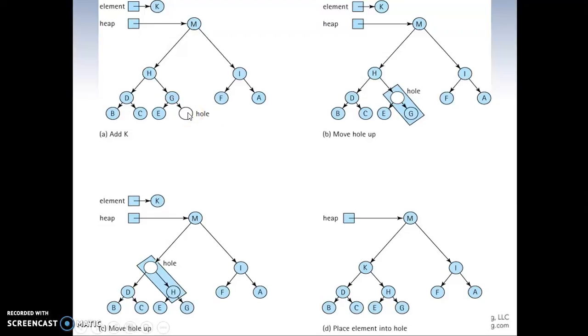We're not putting K yet, but we just use K to compare with G. Now we just move the hole up. So G goes down. Start to compare K with H. Move the hole up. H goes down. Start to compare the hole with M, K with M. And we know that K is less than M, then hole equals K. We're done.